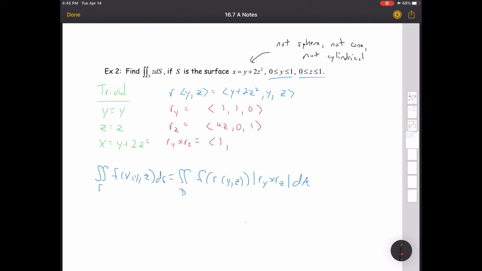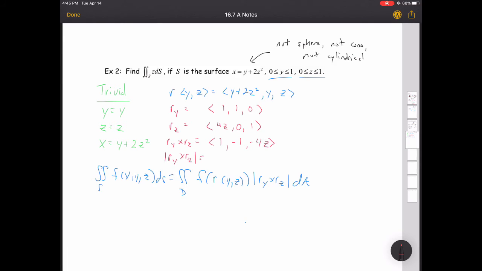No, I'm sorry, it's 1 minus 0. It's even better. So that's just negative 1, because it would be 1, but you have to change the sign. And then if we eliminate the k row and column, that's 0 minus 4z. So it's just minus 4z. And then what we're going to need is the magnitude of that. So we need the magnitude of r sub y cross r sub z.